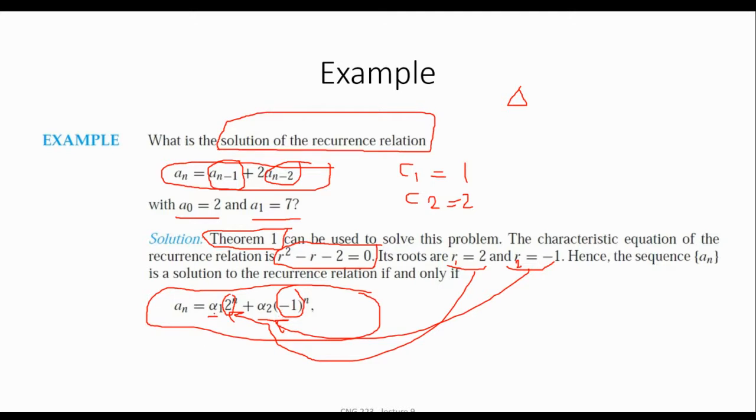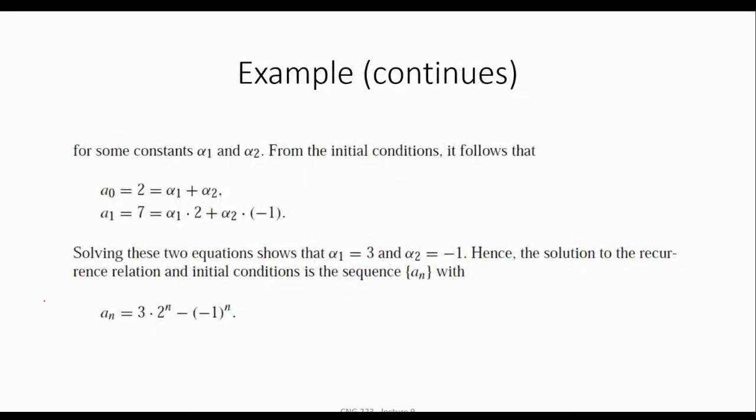Now I should find the values of alpha 1 and alpha 2. There are two constants. How can I find them? By using these two terms, because I know them. A0 in this sequence is equal to 2. A1 is equal to 7. So I can have two equations with two unknown variables, and easily solve this problem for alpha 1 and alpha 2.